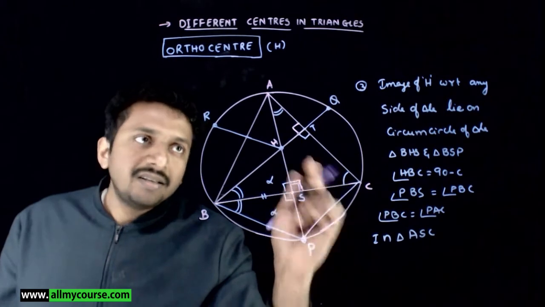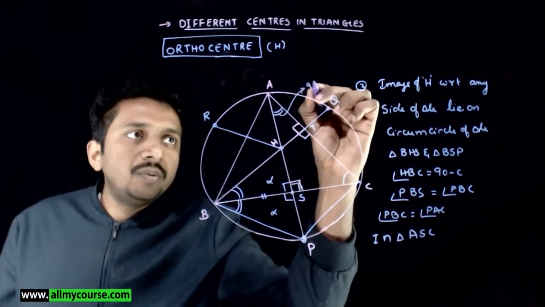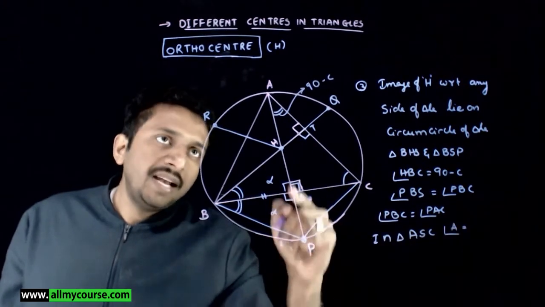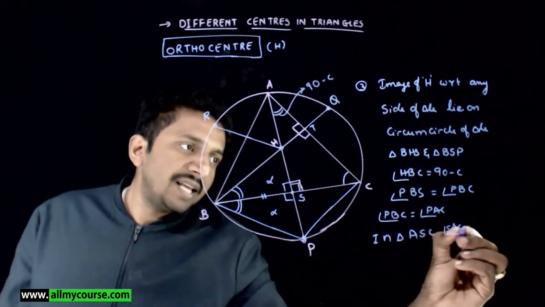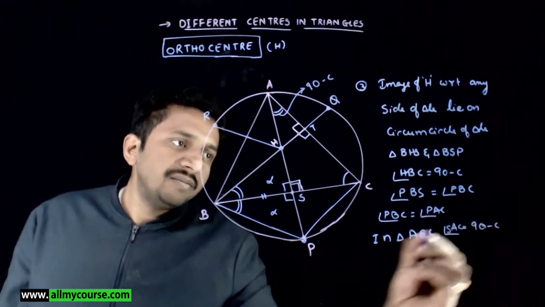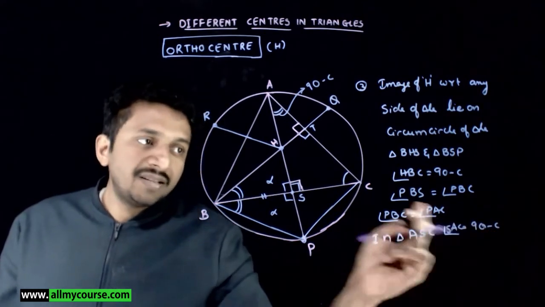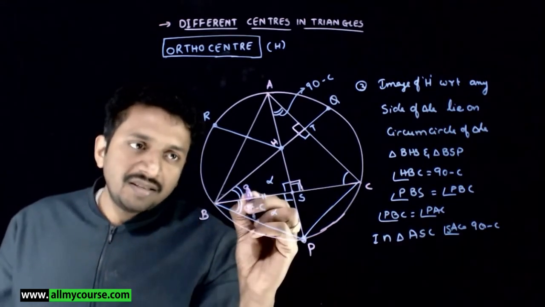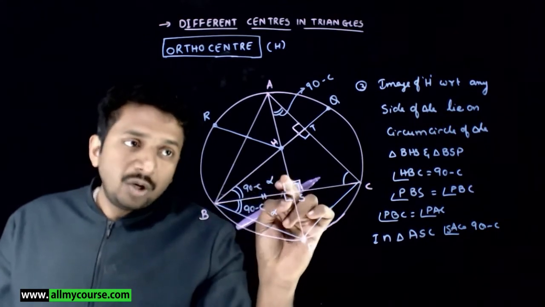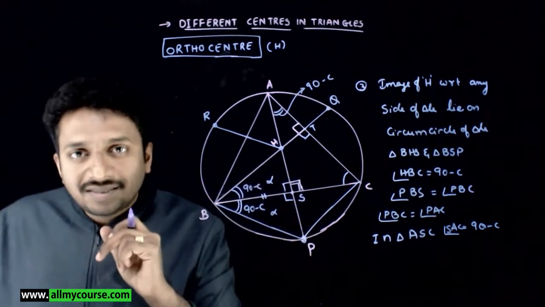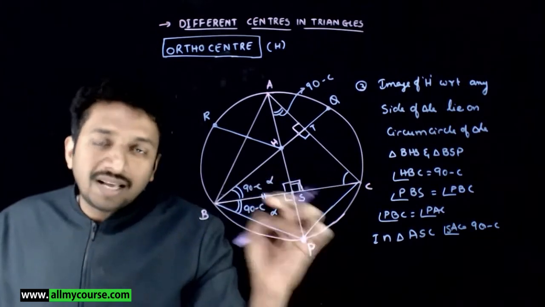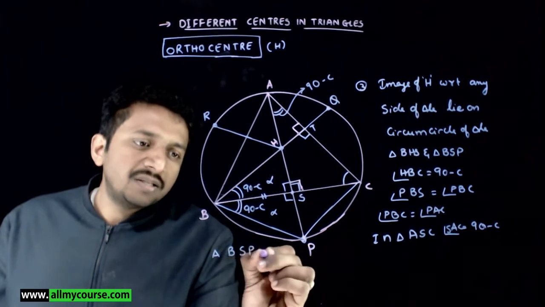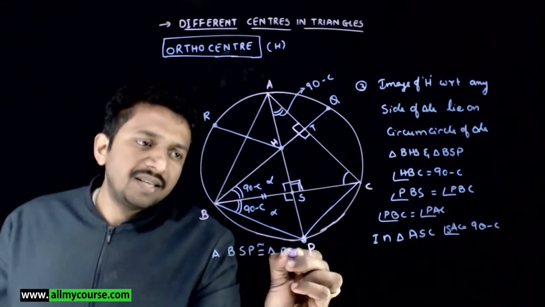One angle is C. The other angle has to be equal to 90 minus C. So angle SAC is equal to 90 minus C. So if SAC is equal to 90 minus C, angle PBC is also equal to 90 minus C. So this is 90 minus C, this is 90 minus C. Hence, two angles are equal and the included side is the same for these two triangles. Hence, these two triangles are congruent to each other. Triangle BSP is congruent to triangle BSH.